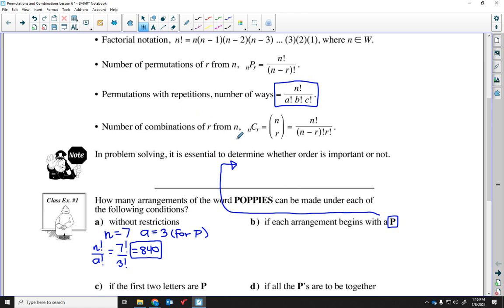So I'm just going to make a quick note here where I'm going to say the fundamental counting principle is not useful for permutations with repetitions.